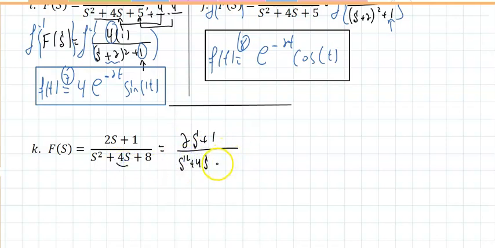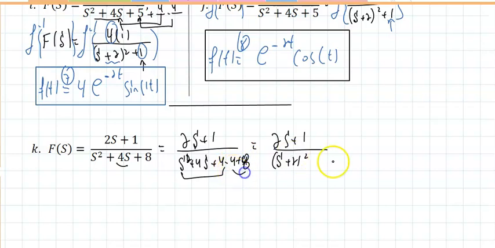Half of the middle number is 2, squared you get a 4. I'm supposed to work downwards, but I wanted to see this in one line. That is (s plus 2) squared plus 1.